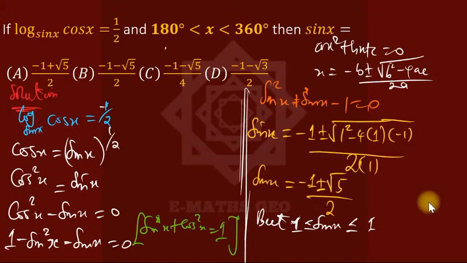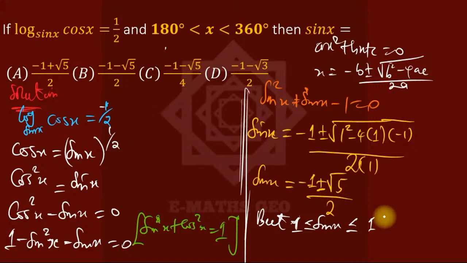So let's consider the positive. Negative 1 plus root 5. I told you root 5 is 2 point something. So if we now do minus 1 plus 2 point something, it will give you 1 point something, yes. And that 1 point something divided by 2 will now give you 0 point something. You get it? And it's within this range.